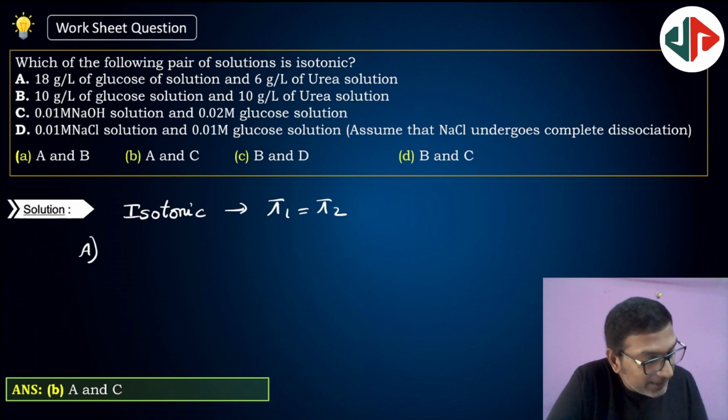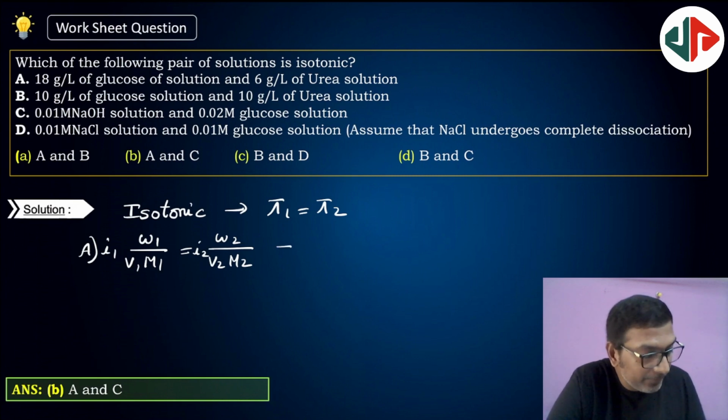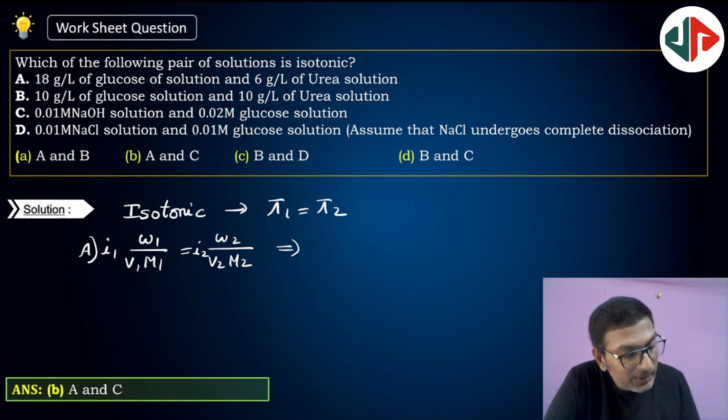The isotonic condition is W1 by V1 M1 equal to W2 by V2 M2. Take i1 and i2 if ionic compounds are present. Glucose and urea have i value 1.